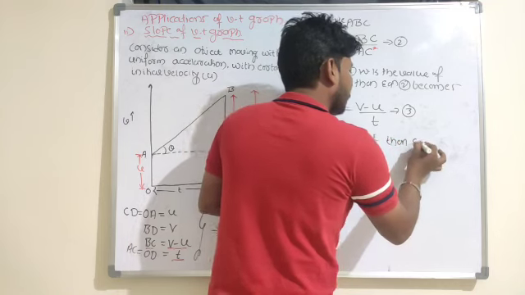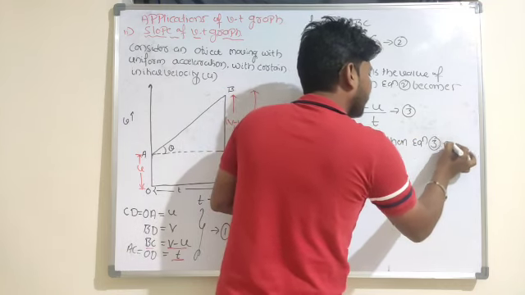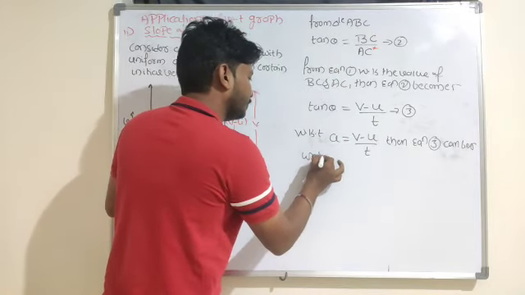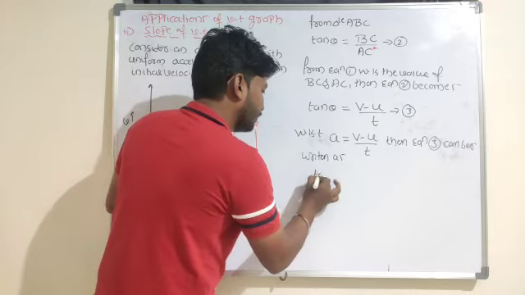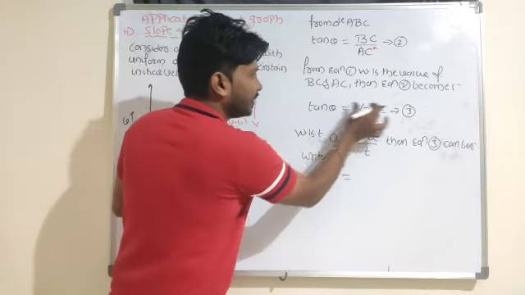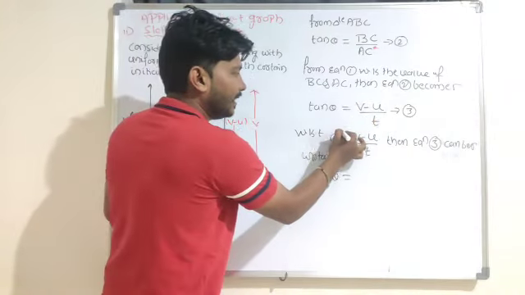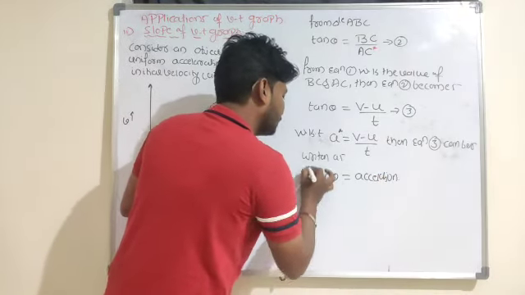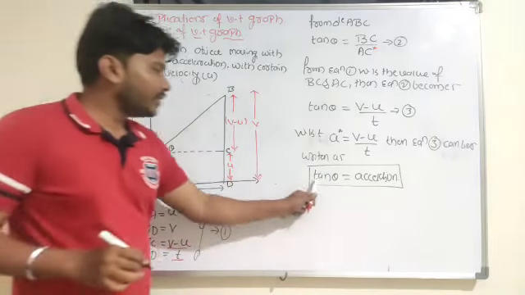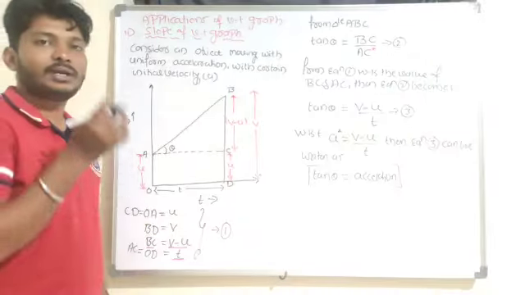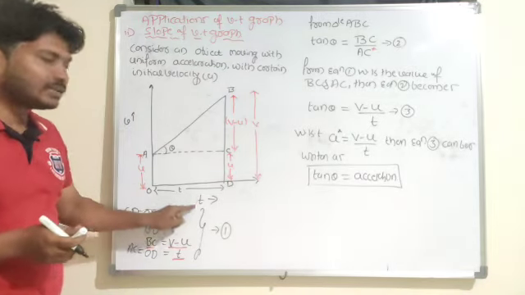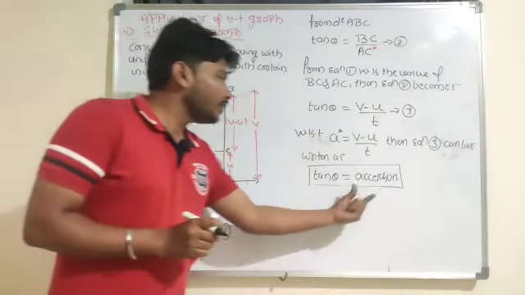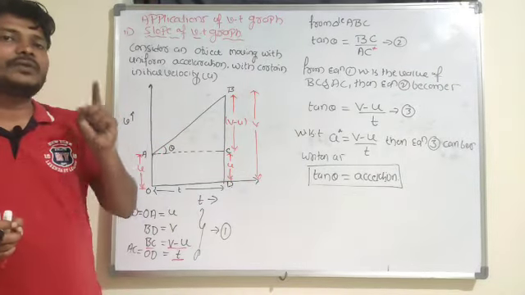So equation 3 can be written as: tan theta is equal to, instead of v minus u divided by t, acceleration. Tan theta is equal to acceleration, and tan theta is nothing but the slope. So in a velocity time graph, the slope is equal to acceleration.